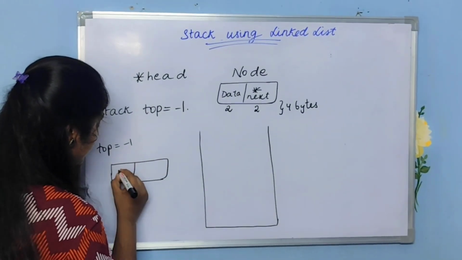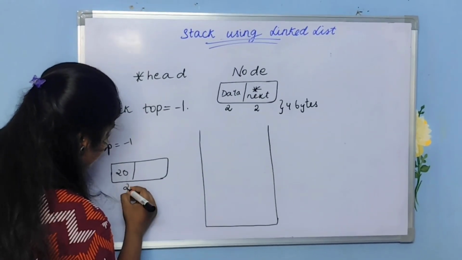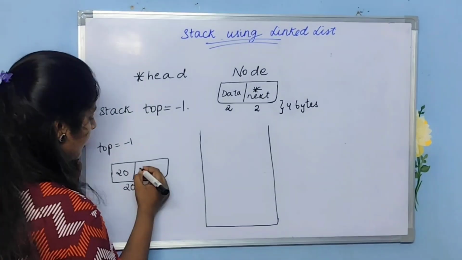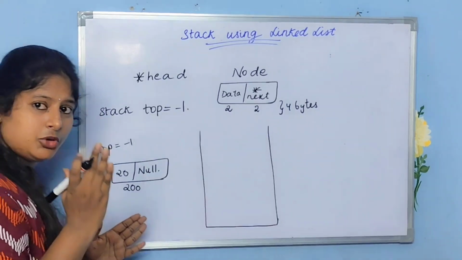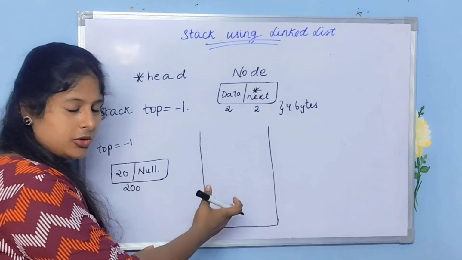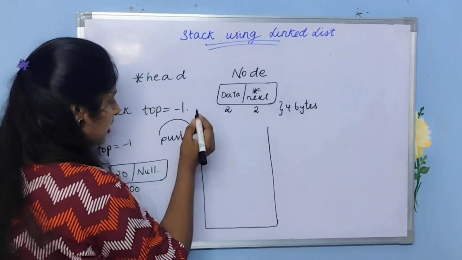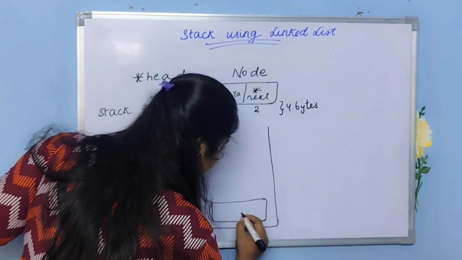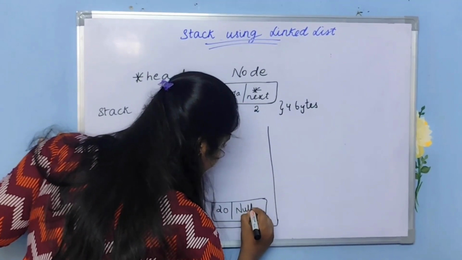So first my element is 20, I want to insert it, and the space is available at the 200th location. Since there are no elements here, I will write null. First I have to create the node, then add it into the stack. Now I have pushed. So what is my data? 20. Next part is null.